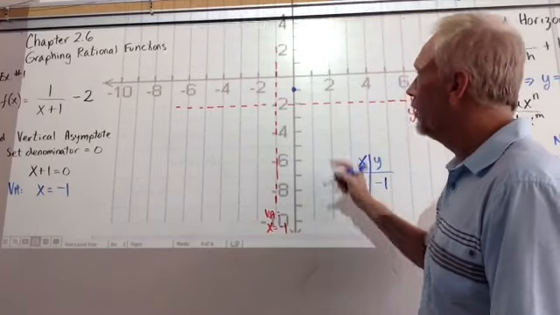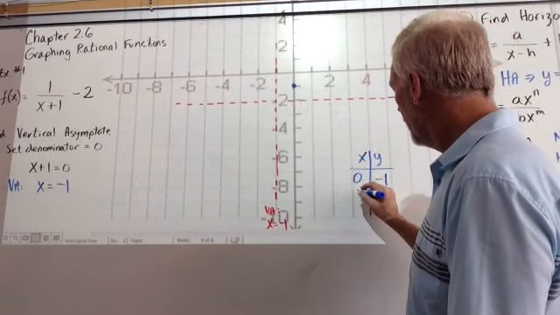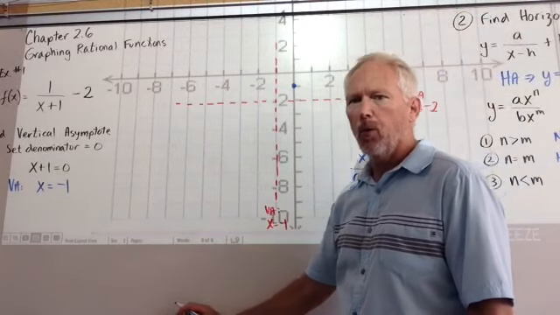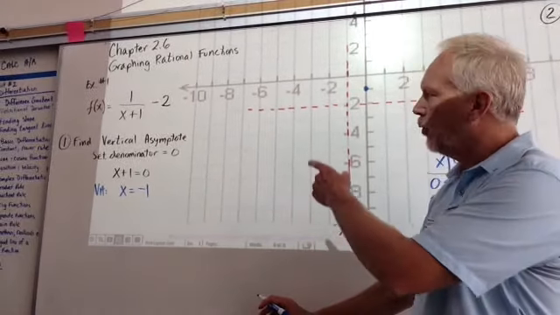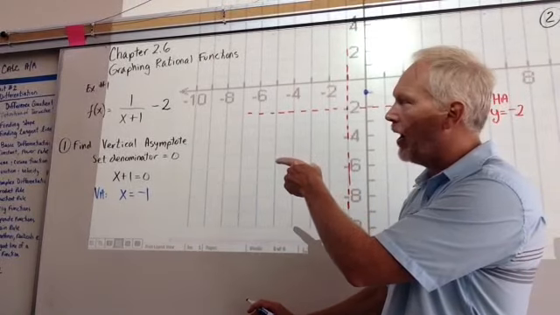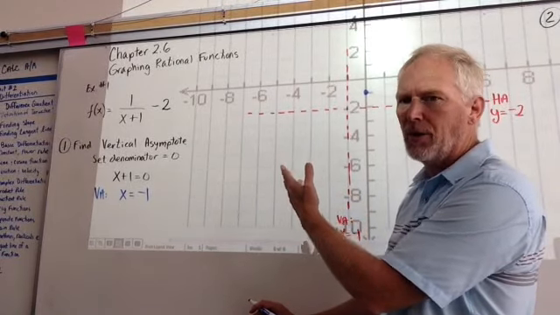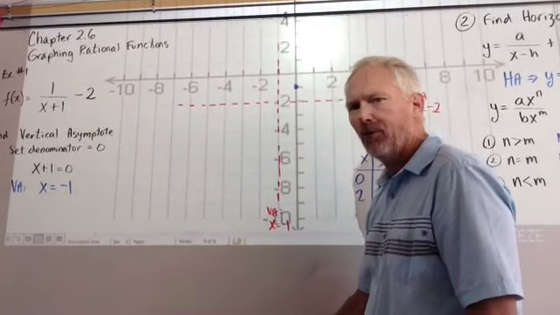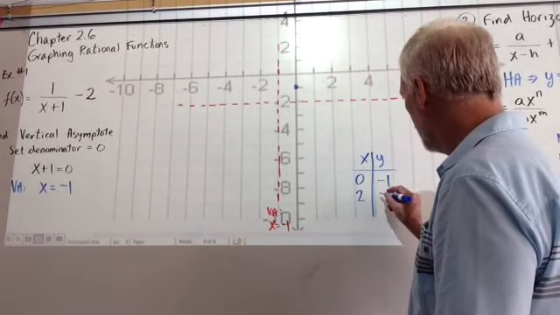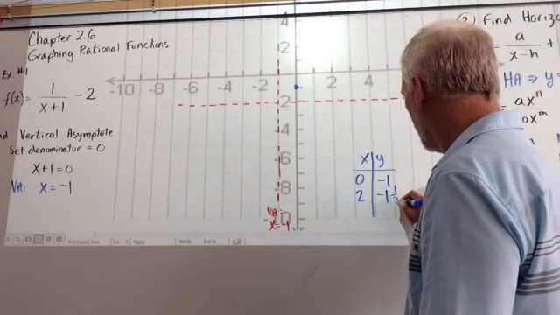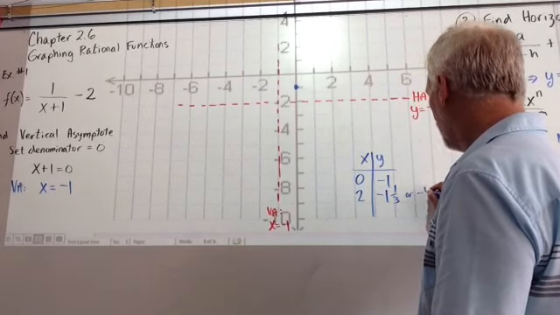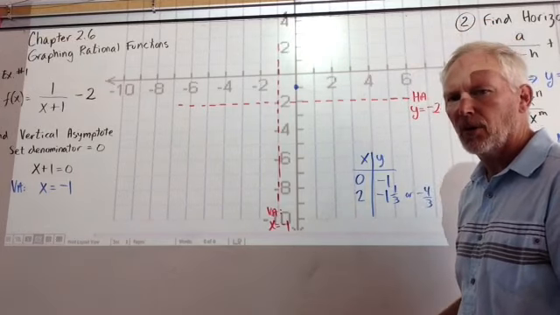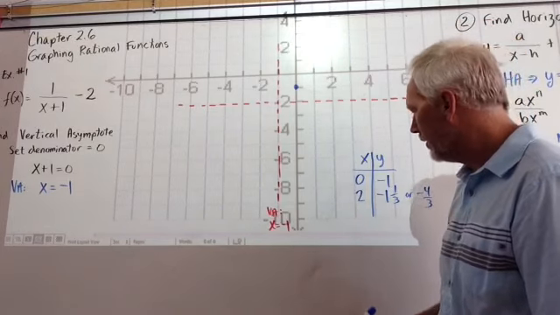If I go to the right a little bit more at 2, we would get 1 over 2 plus 1, which would be a third. 1/3 minus 2 is negative 1 1/3. Or negative 5/3 for those of you that like it in fraction form instead of the mixed number there.